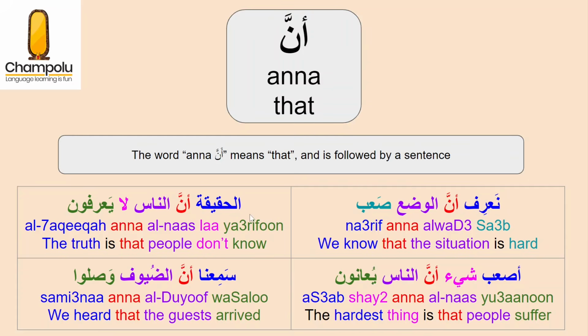And then we can find another example here like الحقيقة أن الناس لا يعرفون. The truth is that people don't know. And then another example here. أصعب شيء أن الناس يعانون.